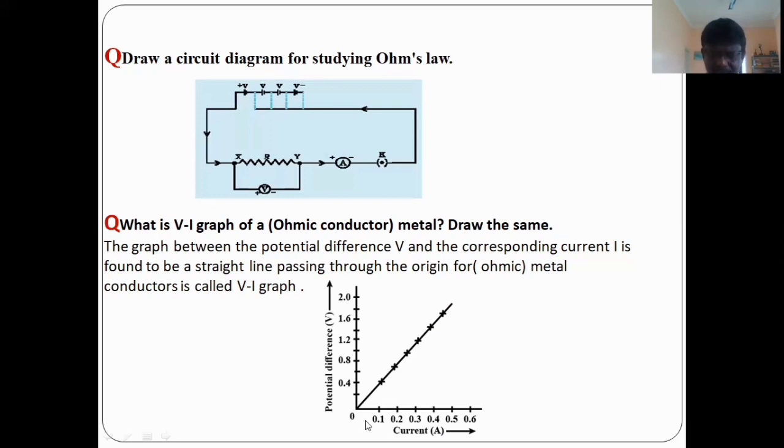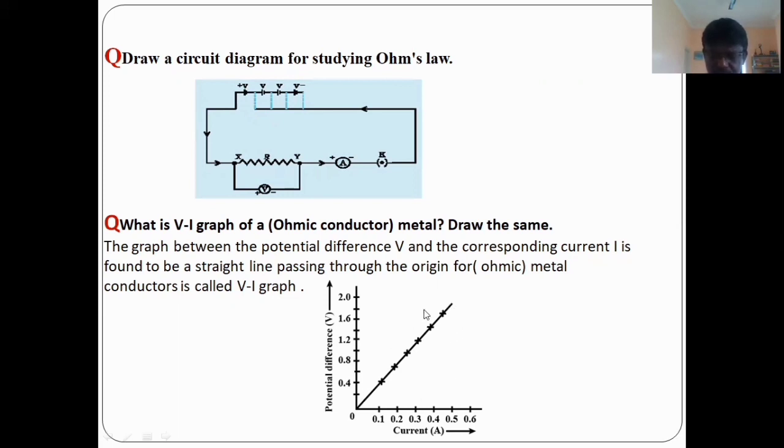Just here you see, along the x-axis current is taken, along the y-axis potential difference is taken. As the current increases, what about the potential difference? Increases. As the potential difference increases, current increases. The resultant graph is what? A straight line. This indicates Ohm's law.